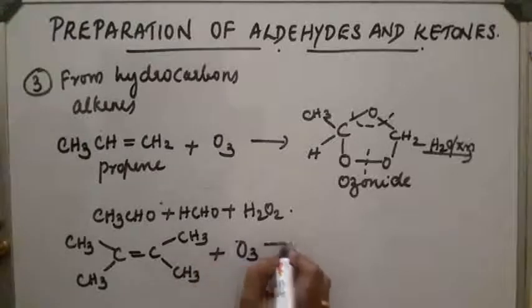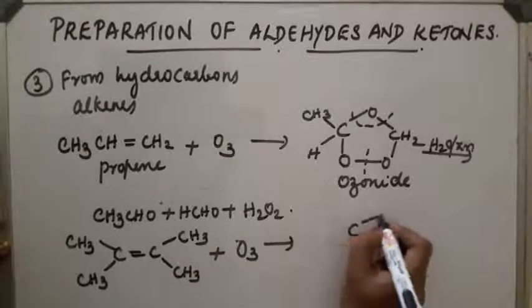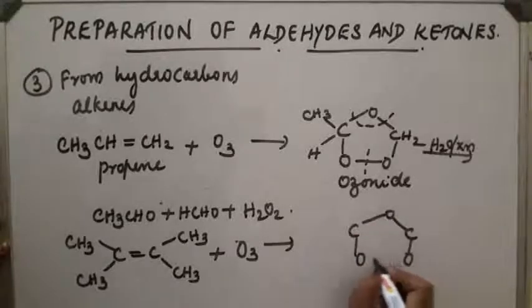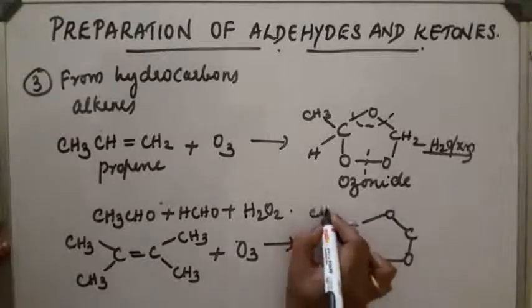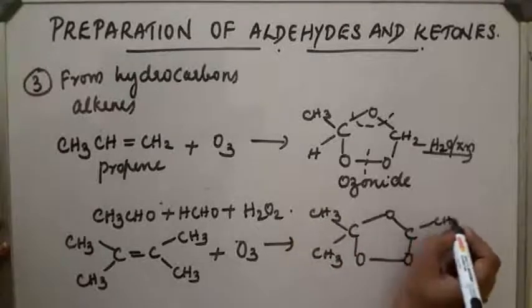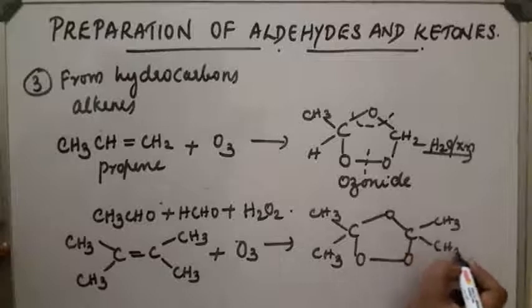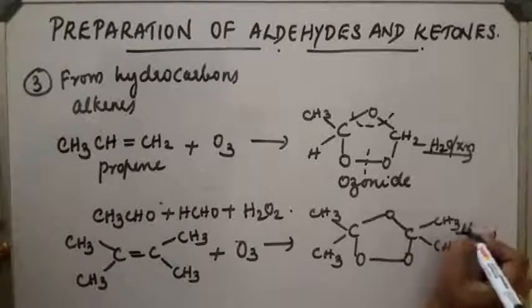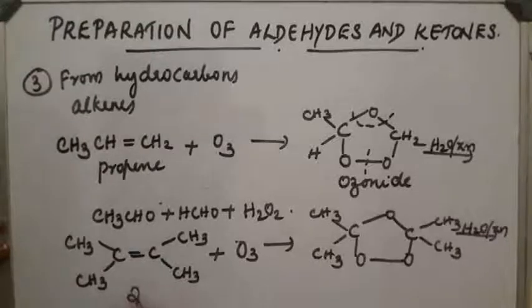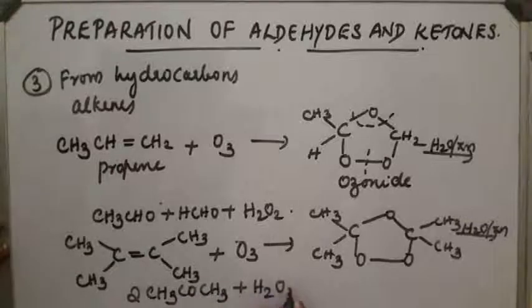On reaction with ozone, the ozonide will be obtained. Again the same reaction, hydrolysis with zinc dust. 2 molecules of CH3COCH3 plus H2O2 are obtained. This will be the reaction.